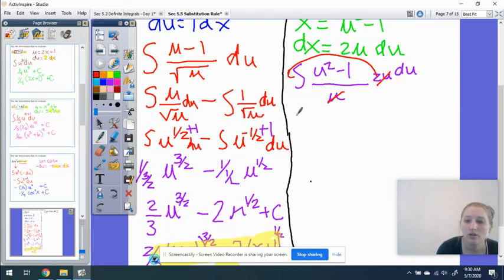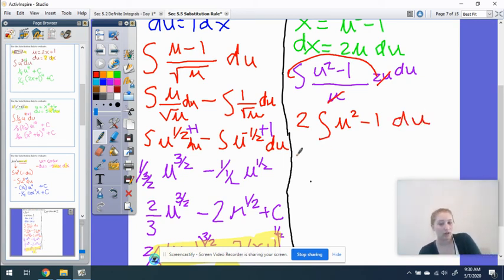Okay, so let me scroll down. Now I have 2 times the integral of u squared minus 1 du. Okay, so let's go ahead and integrate this. So we have 2 on the outside. So we're going to add 1 here, which is going to give me 3.